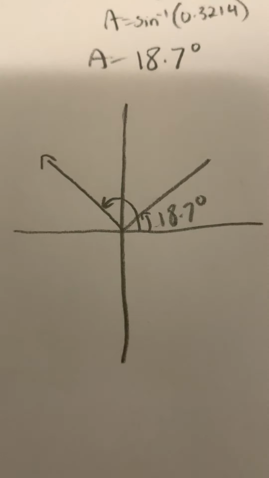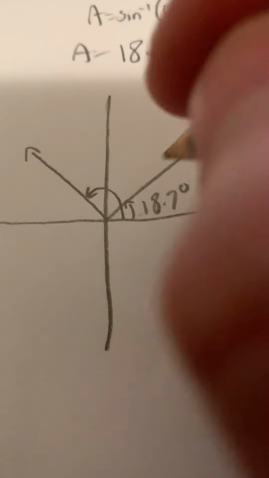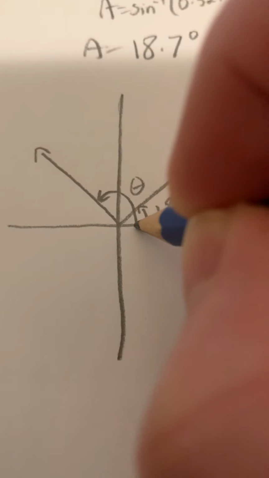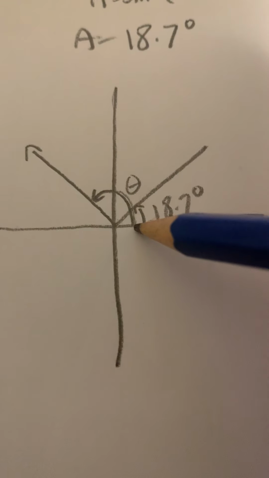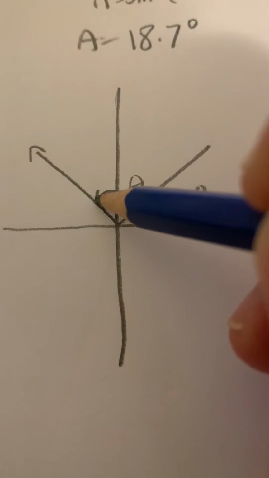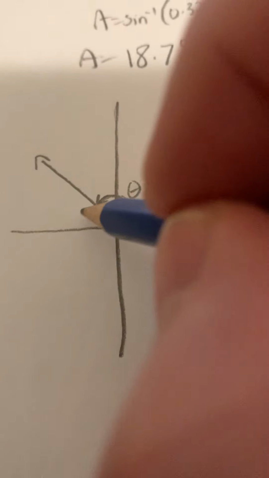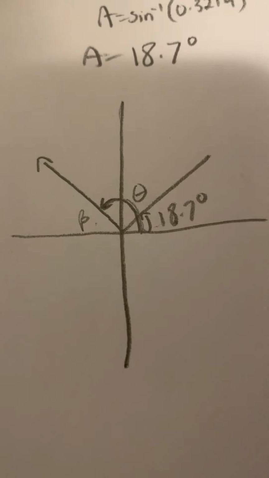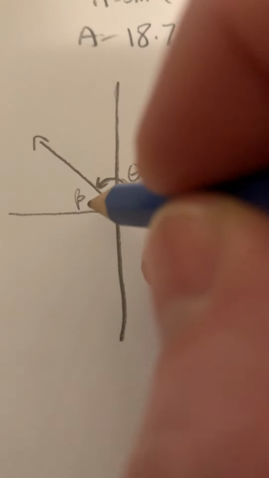And I'll show you to prove to you that it's the same. So we have to find now the angle from here to this arm. But again, we can't find an obtuse angle the way it is. We have to use the angle that's in here, which is our beta. So if this is 18.7, just to let you guys know that this is also 18.7 in here.